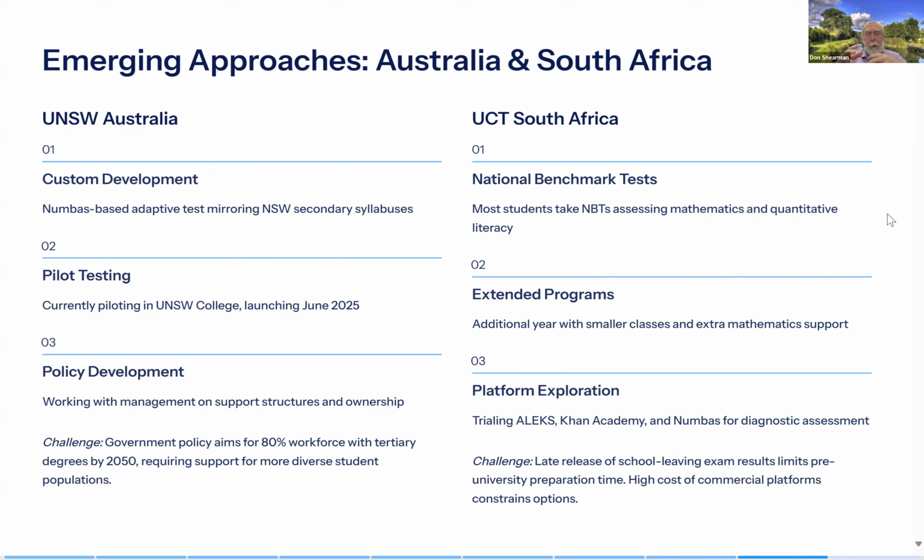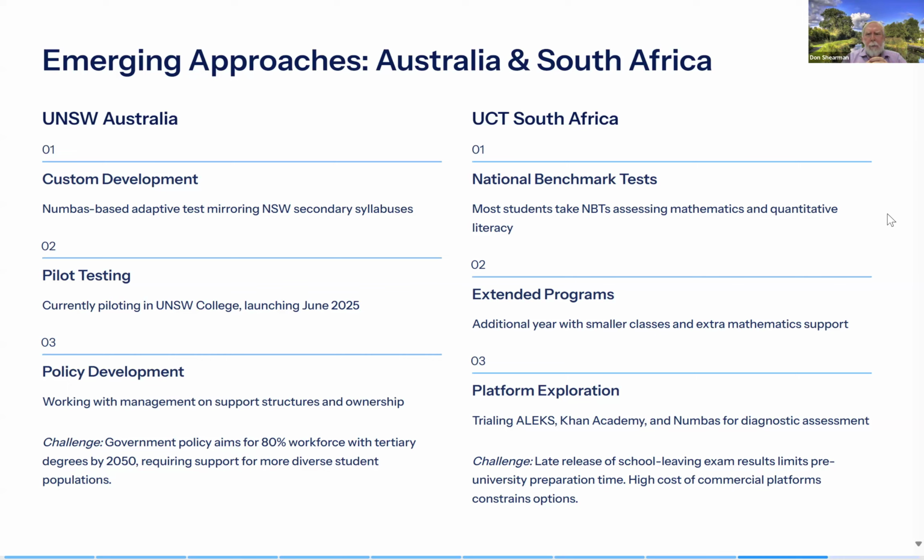So we're looking at possibly a tailored test for each of those faculties, because the maths requirements aren't quite the same for each faculty. We're also doing some work with policy development on being able to direct students to particular courses.